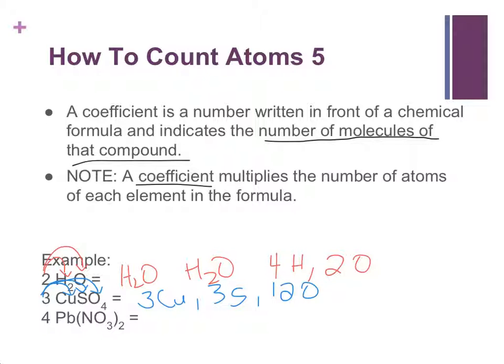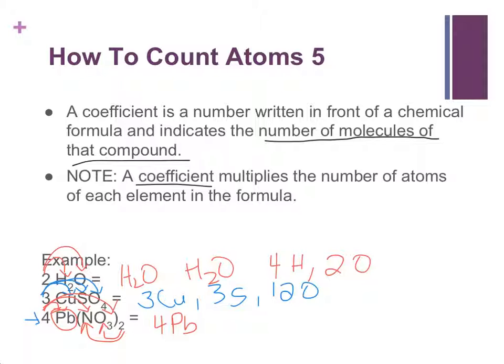Finally, the last one makes use of both coefficients and subscripts. So remember, we need to multiply the 2 through in the brackets, and then the 4 applies to all atoms in the molecule. So lead, since it's outside of the bracket, there's just 1, but we need to multiply that by 4, so that gives us 4 lead.